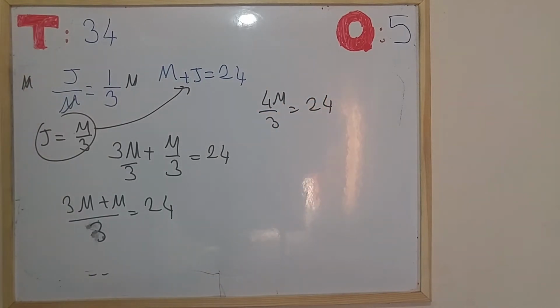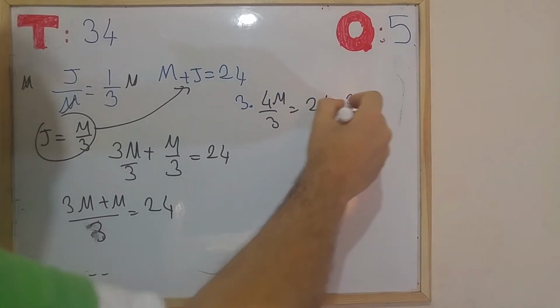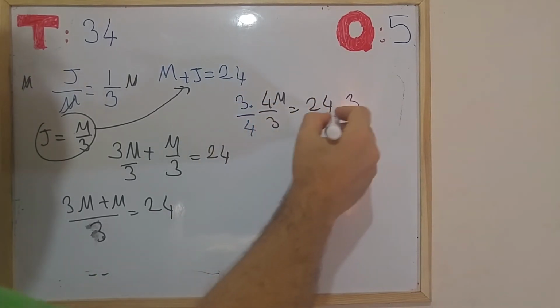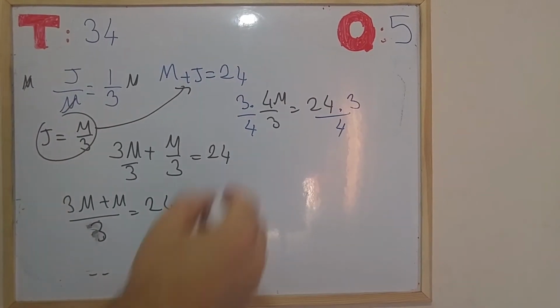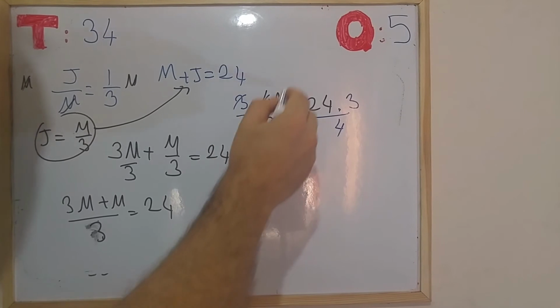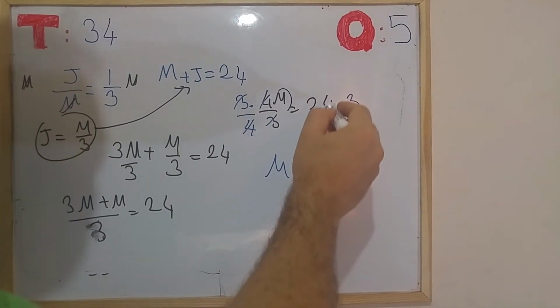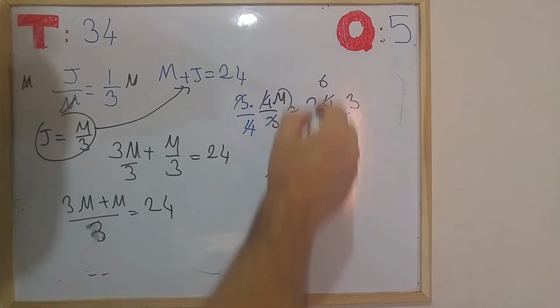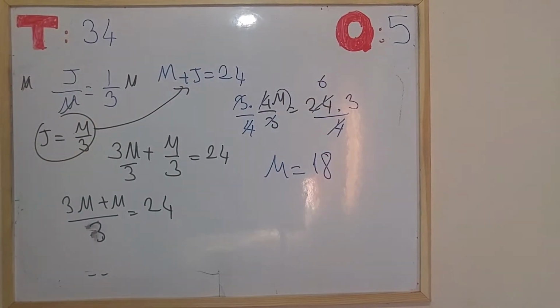When I multiply each side by 3 and I divide each side by 4, I'm going to have m alone. 3 is gone, 4 is gone, m is alone now, is equal to, let's divide 24 by 4, which gives me 6. 6 times 3 is equal to 18.